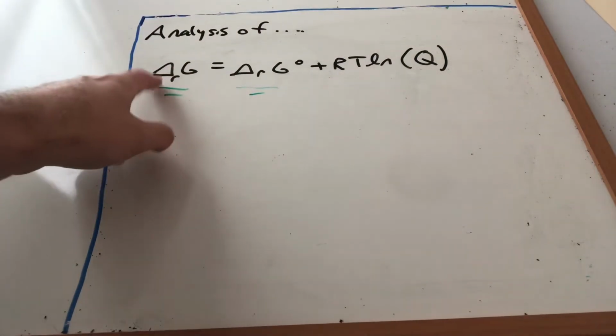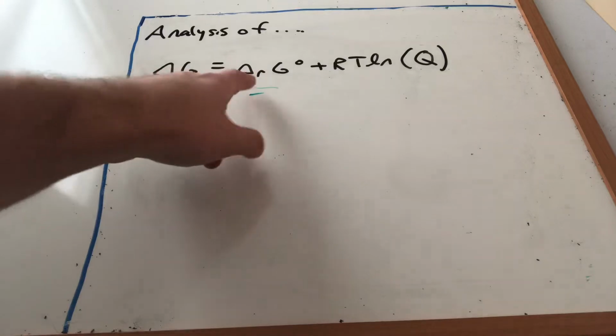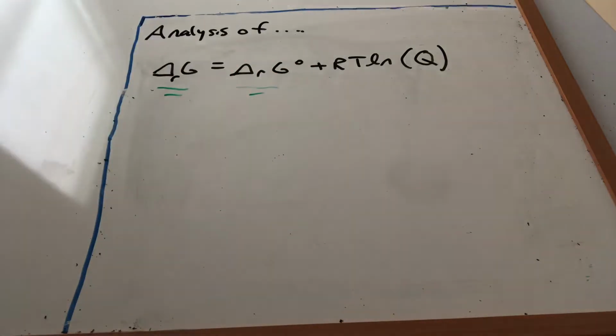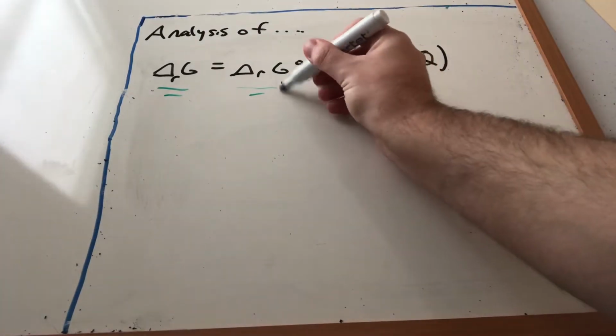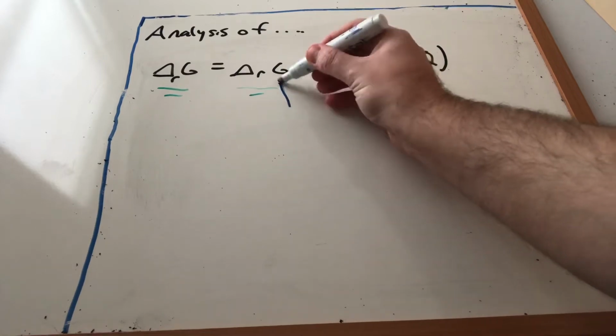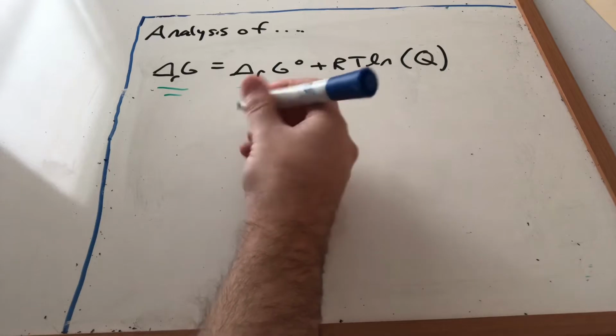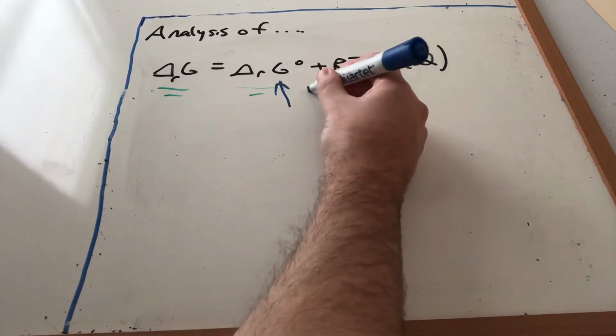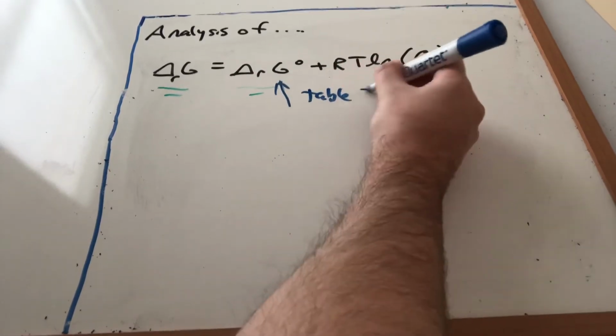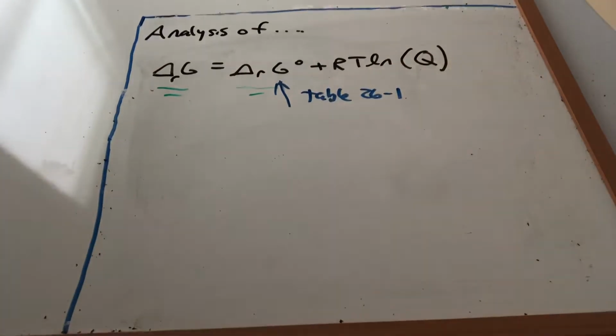A lot of the times the reaction G and the standard reaction Gibbs energy, they're molar quantities, even if they don't have that overbar listed. For example, we know how to calculate these, and I mentioned it even in the last video. What you would do is go to a table, and in your book you have table 26-1, right?